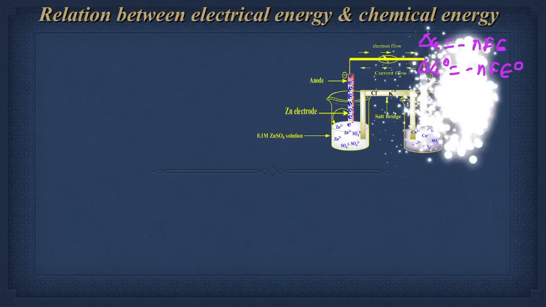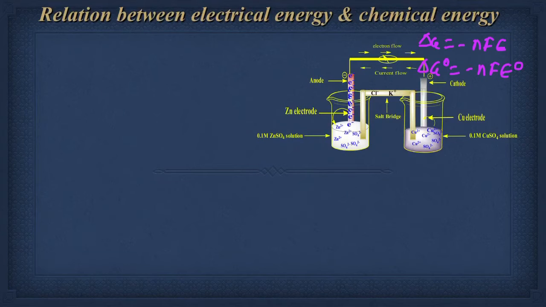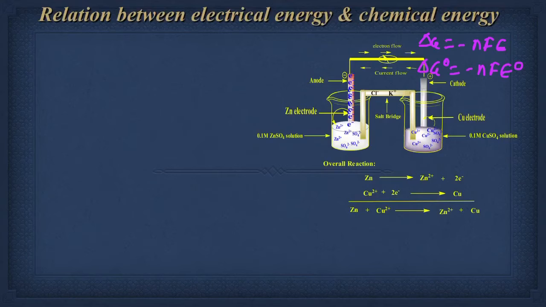Friends, we know that when we discuss the galvanic cell or the electrochemical cell, we observe the oxidation and reduction reaction there. In that reaction there is oxidation of zinc and reduction of copper.